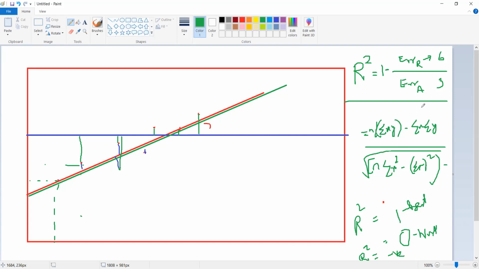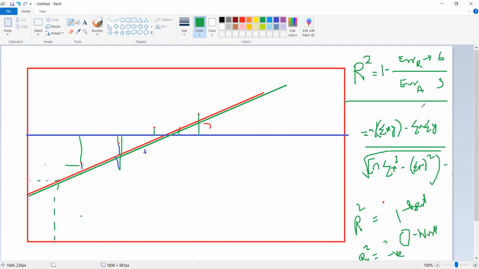Why can't it be negative? Because we are squaring it, right? No, where are we squaring? You see on the top, the numerator is not squared.